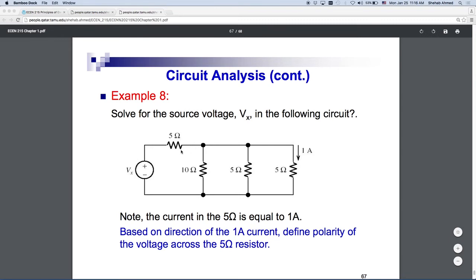Is it opposing this voltage source or with the voltage source? It would depend on the direction of the current, so we will have to solve for current first. If we assume current going in one direction and come up with a positive number for the IX, for this IR flowing through this 5 ohm resistor, then we have defined the voltage polarity.